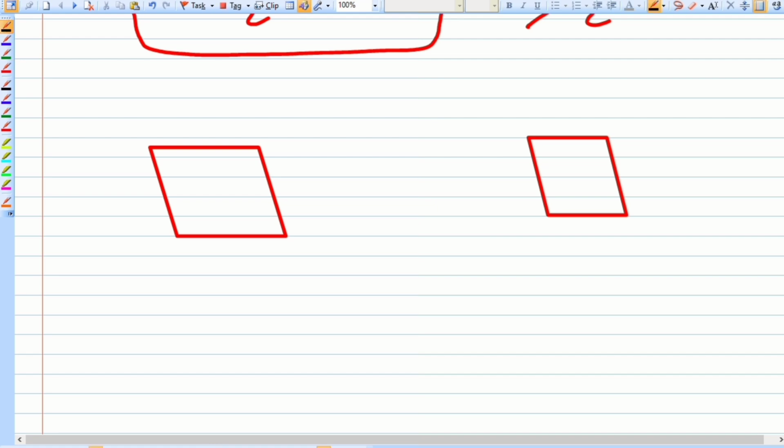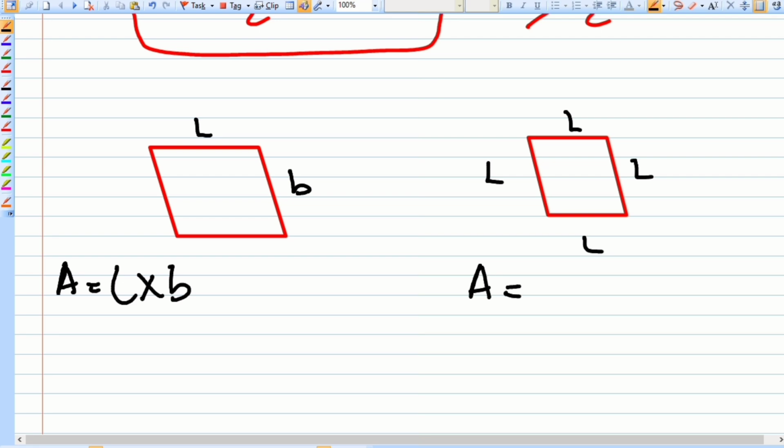So let's say these are parallelograms. Here will be the length, here will be the breadth. These are rhombuses, all sides are equal, right? So the area here for the parallelogram is going to be length times breadth, while the area here is going to be L times L, which is L squared. So that's it for a parallelogram and a rhombus. It's always the same with a rectangle and a square.